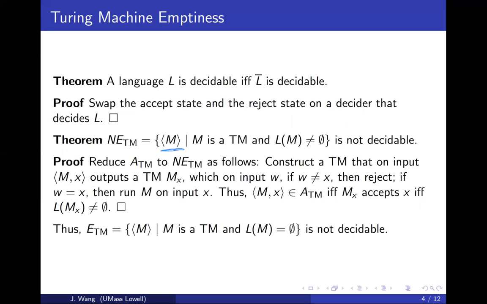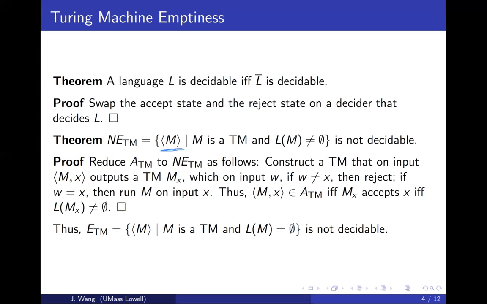So you are given a Turing machine and you want to know whether it actually accepts something. This is not decidable. Intuitively, you just enumerate all possible inputs and keep running it concurrently.